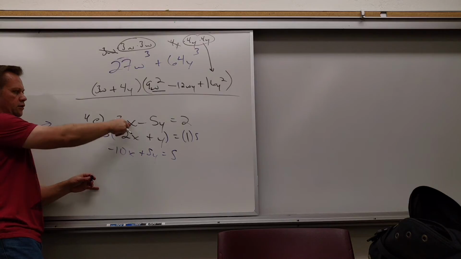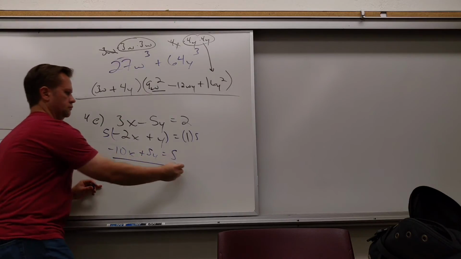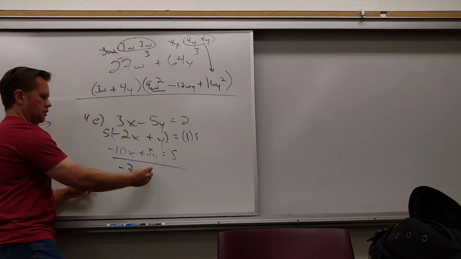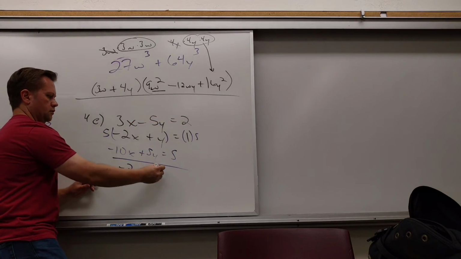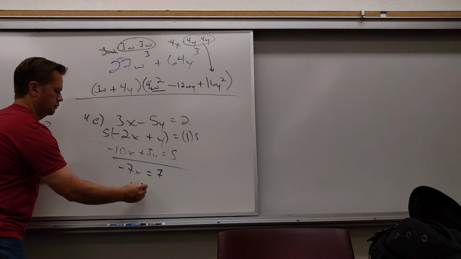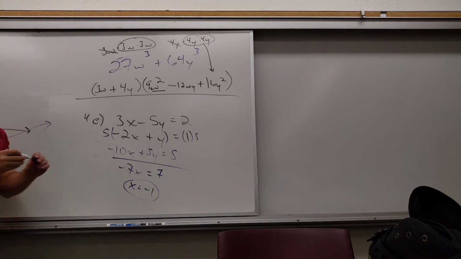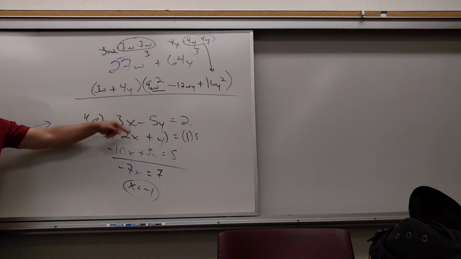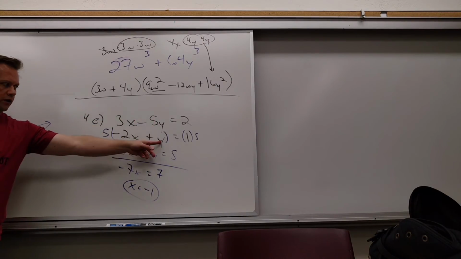So now I can put these together. Negative 7x cancels, equals 7. Divided by 7, so x is negative 1. How do you figure out what y is? Plug it in either way. Either way, for x, and solve for y. I plug it in this one.